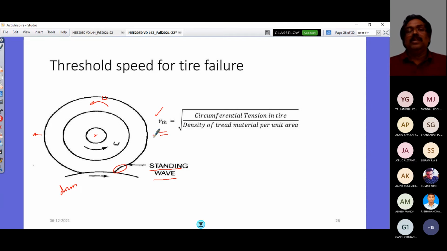We saw this in the last class on the chart. That has been given by this equation: under the radial circumferential tension in the tire divided by the density of tire material per unit area, right? So you should be aware of how the speed rating of the tire is arrived at.